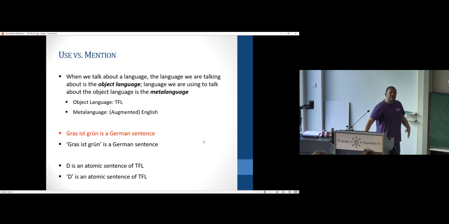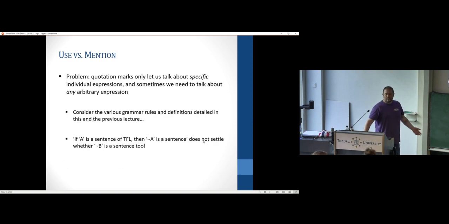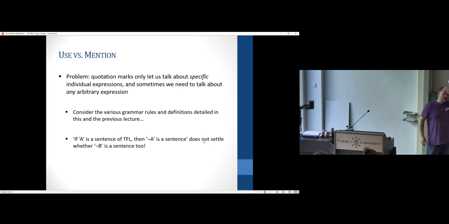Now, I'm doing all of this for a very weird reason. The tool that we have in English is great. Quotation marks are great. But quotation marks only let you talk about individual expressions. That is, I had "Nathan".